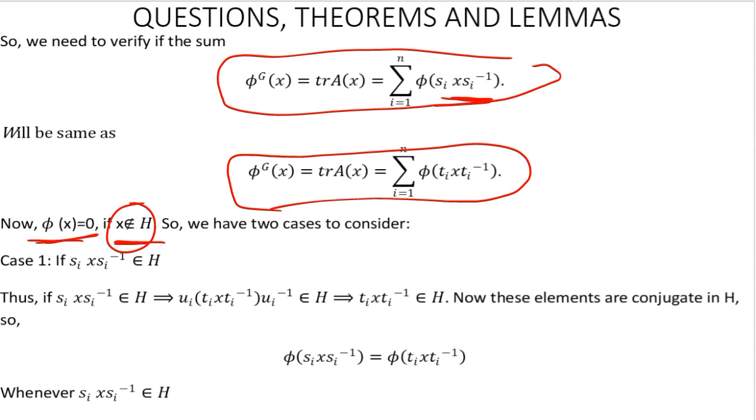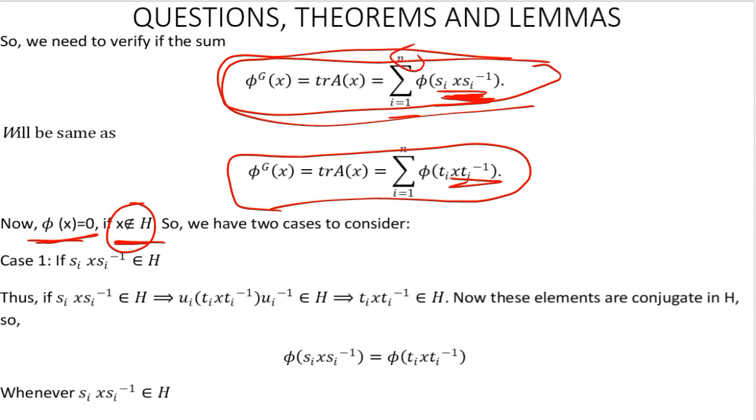So all we need to do is check each of the terms as we sum through, from 1 all the way to n, to see what happens to phi of x with Si x Si inverse, and whether it will be the same as this.